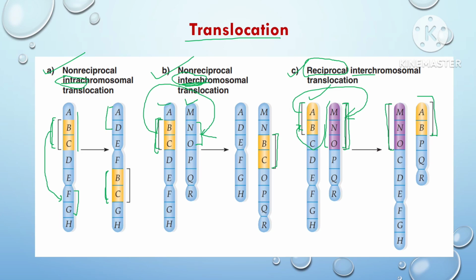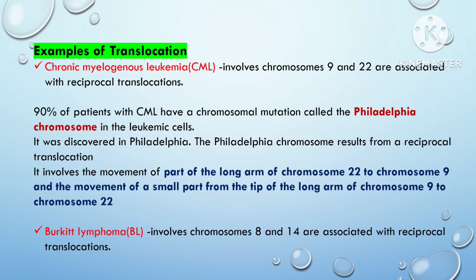So now the examples of translocation. Because of translocation, this type of mutation is sometimes associated with cancer also. For example, chronic myelogenous leukemia, its abbreviation is CML. So what is happening here? This happens because of the involvement of chromosomes 9 and 22.